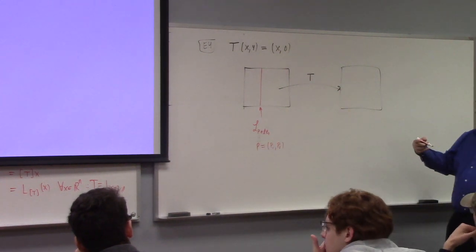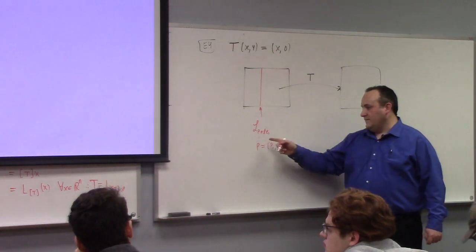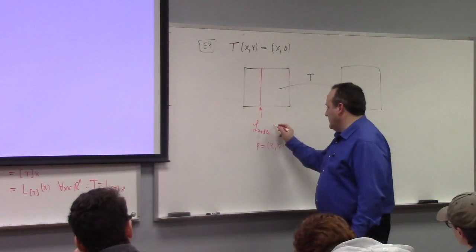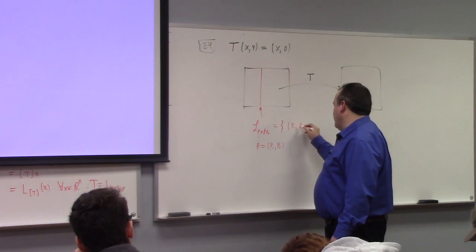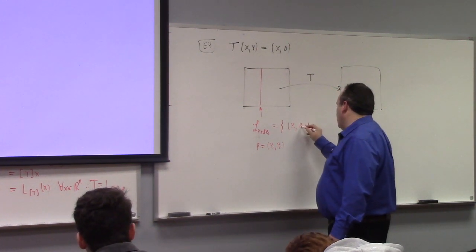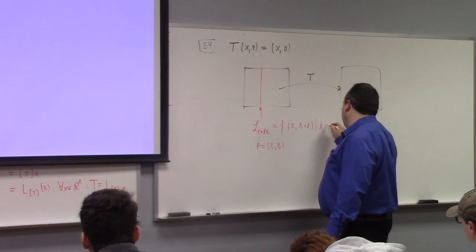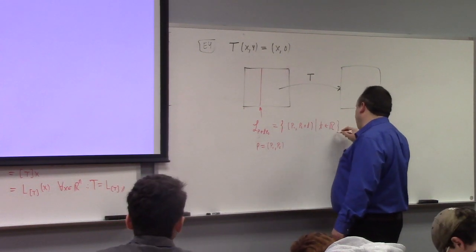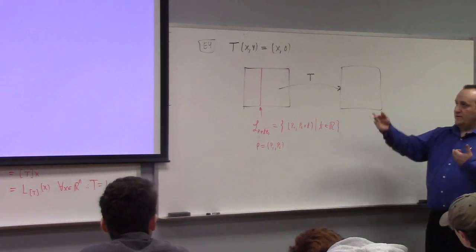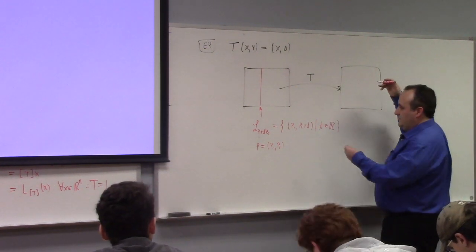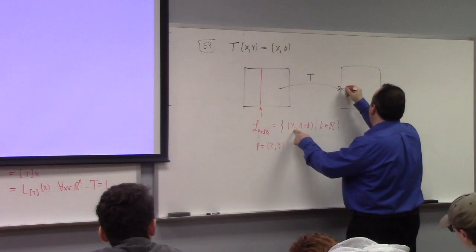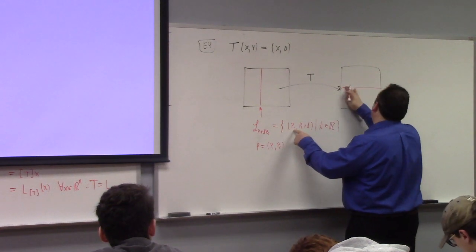So think about it. This is specifically the set of points (P1, P2) plus t e2. Well, under this projection map, it just maps to not that line, my bad.